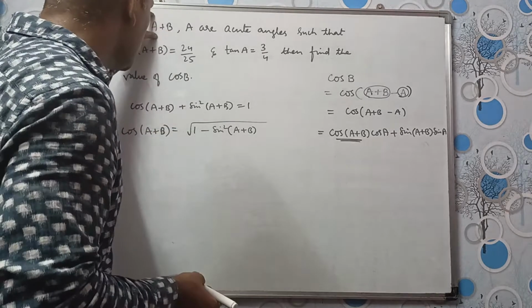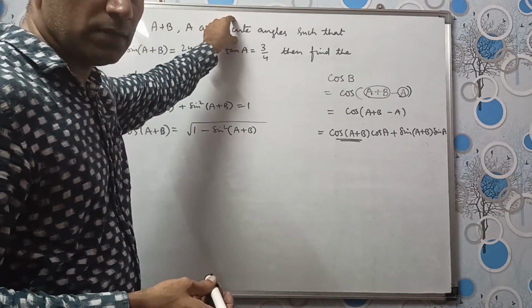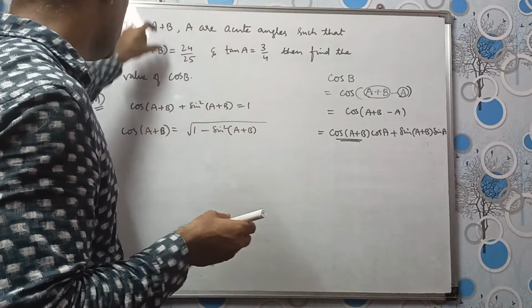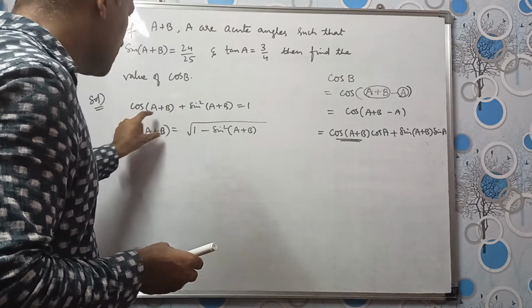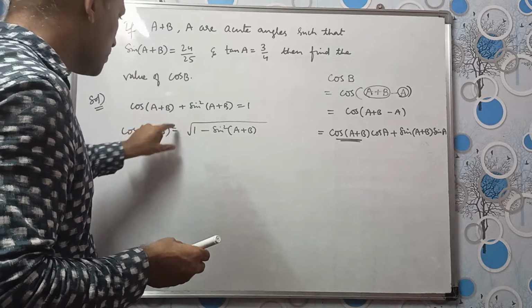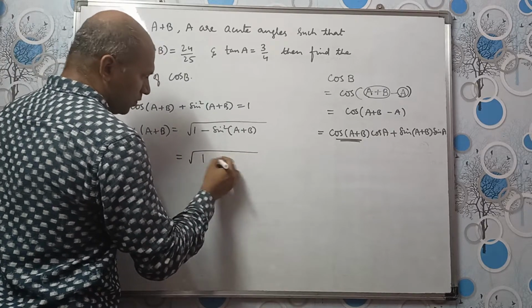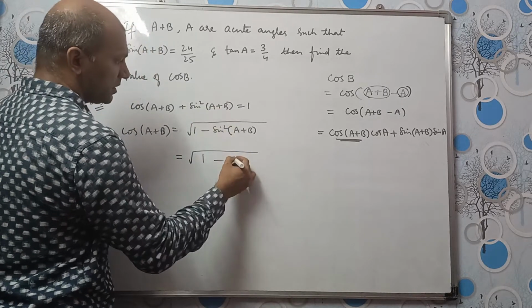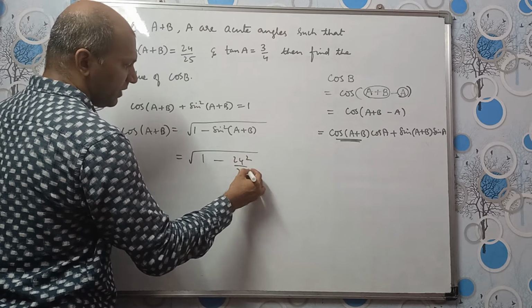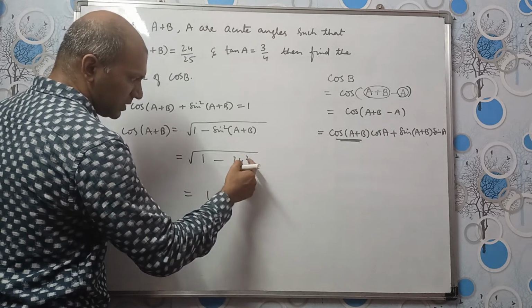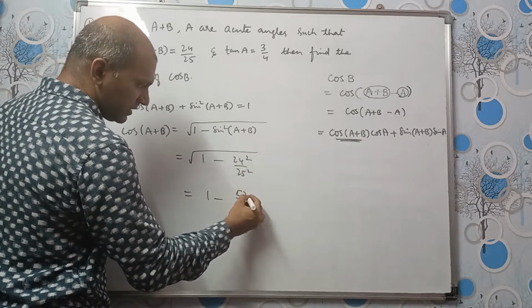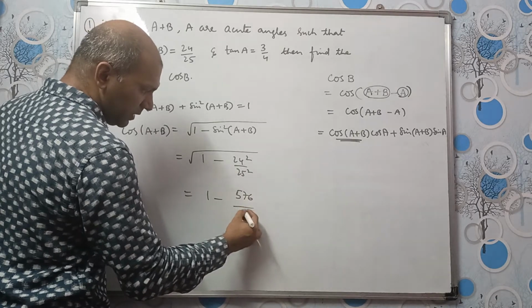See, this a plus b is an acute angle, which means it is in the first quadrant, right? So cos a plus b will be positive, because in the first quadrant all ratios are positive, right? So 1 minus, this is how much? 24 by 25 square. So 1 minus 576 divided by 625.